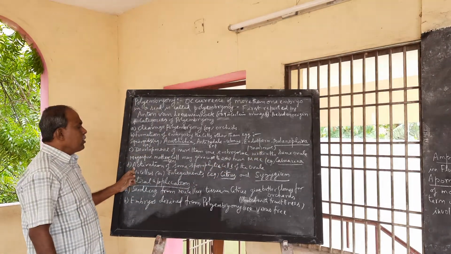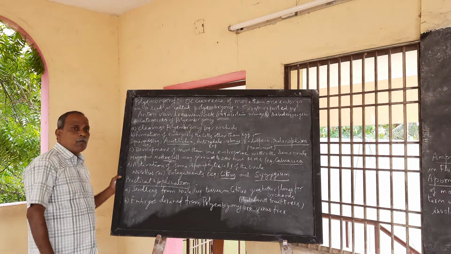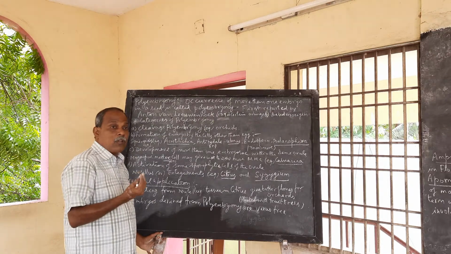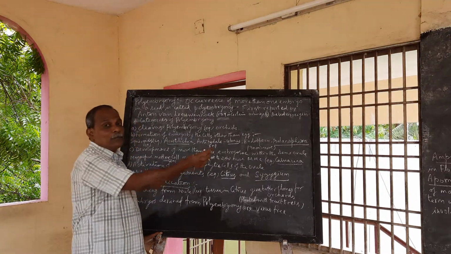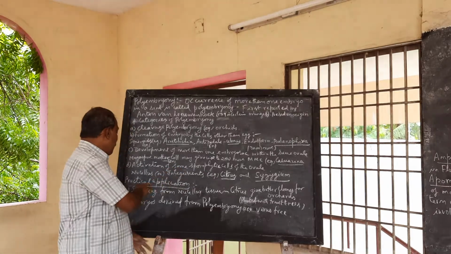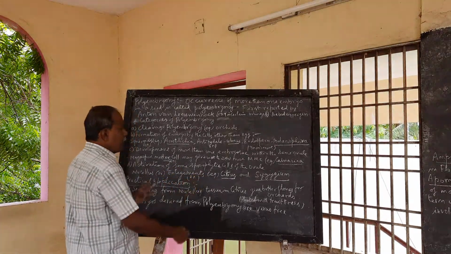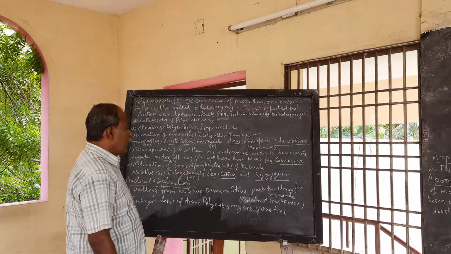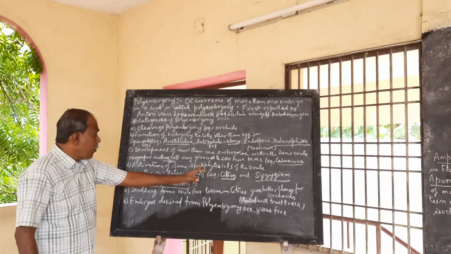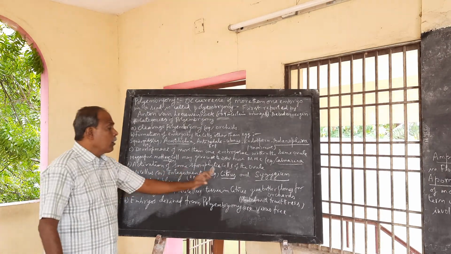Then, activation of some sporophytic cells of the ovule, maybe the nucellus or integument. Some cells of the nucellus or integuments give rise to an embryo. They are diploid only, and they develop into embryos. So the nucellus and integument develop into embryos.